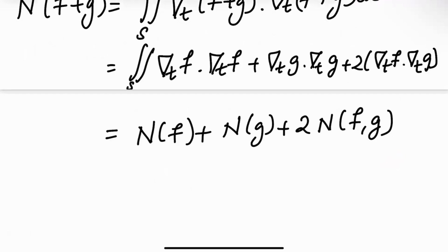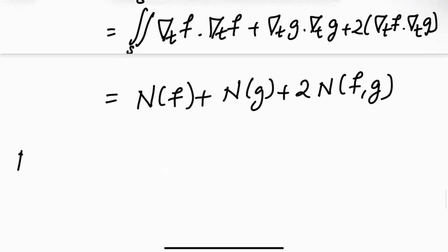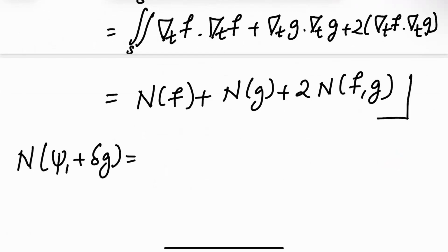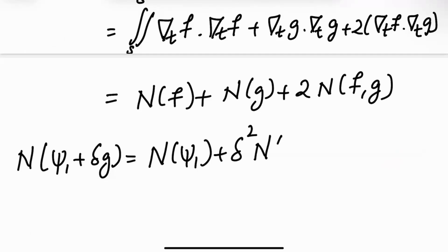All right, so based on this, we have n of psi1 plus delta g is n of psi1 plus delta square n of g, right? Because n of g is integral gradient g dot gradient g.